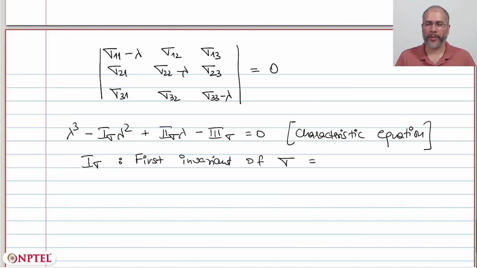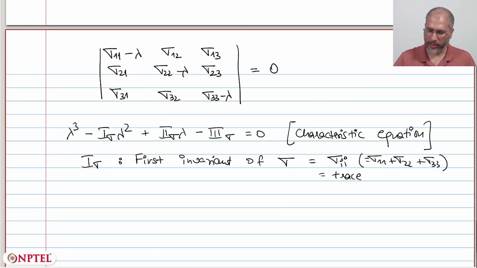And you may remember this from one of the problems we solved. This is sigma ii, which is sigma 1 1 plus sigma 2 2 plus sigma 3 3, which is also called the trace of the sigma tensor.